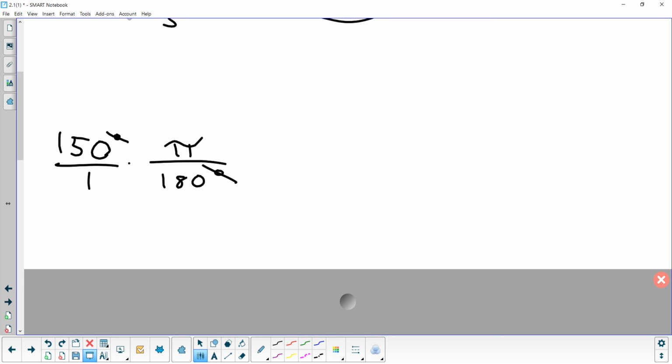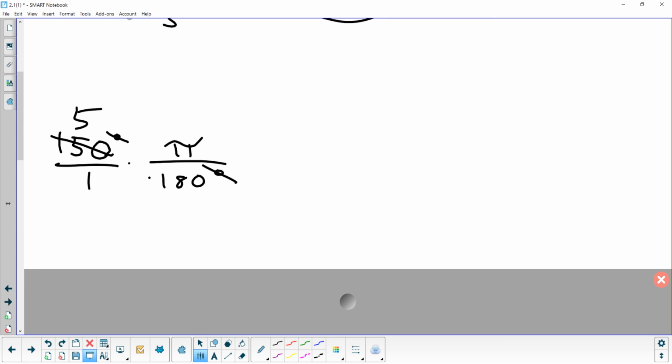What can I divide both of these by? 150 and 180. 30. Yeah, some people say 10, because you can knock the zeros off right away. But if you go right to 30, it's perfect. How many times does 30 go into 150? 5.